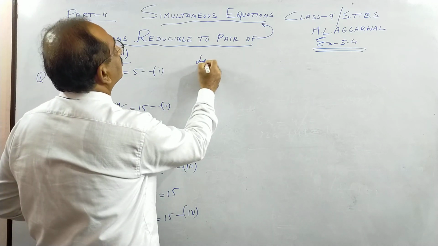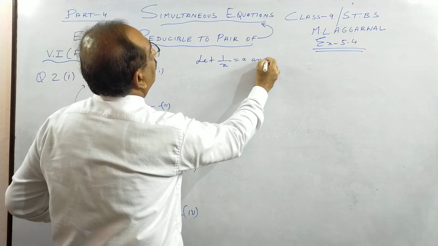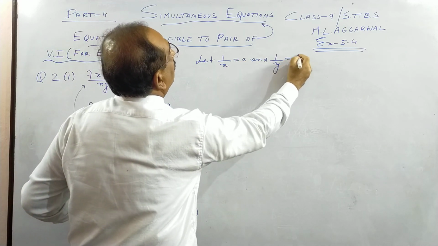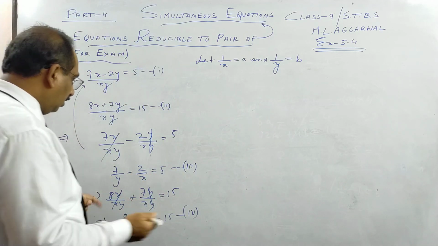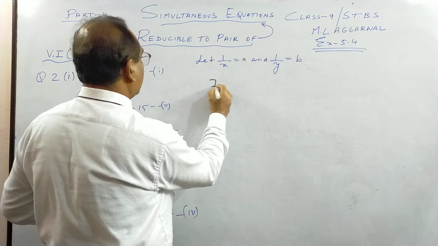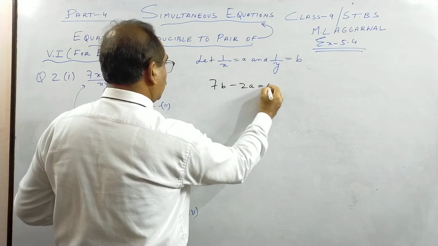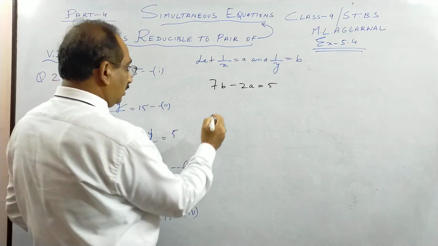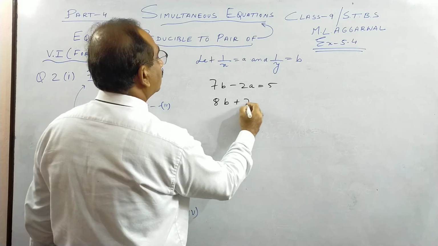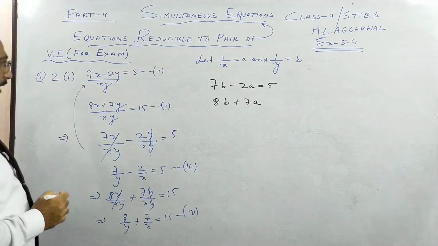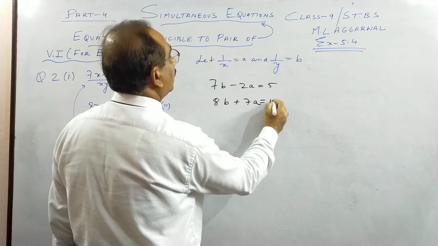Let 1 by x be a and 1 by y be b. So what happens here, children? This equation becomes 7b minus 2a is equal to 5, and this becomes 8b plus 7a is equal to 15.